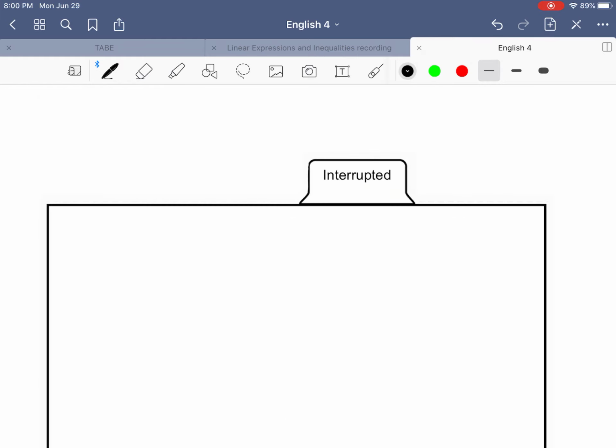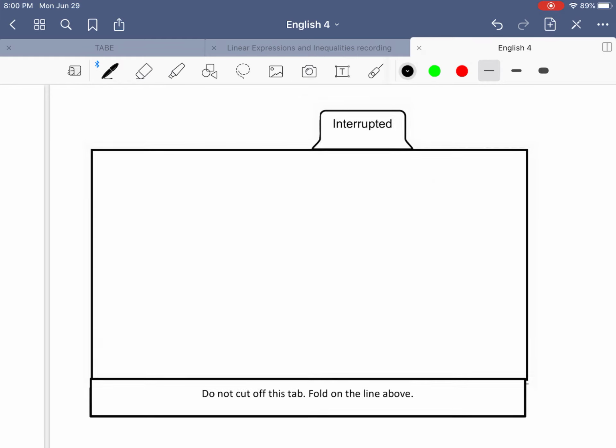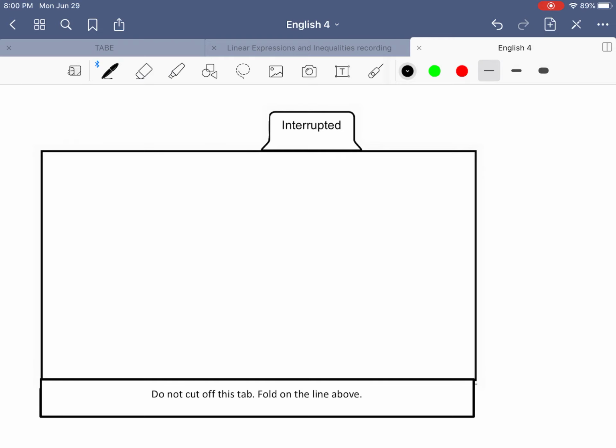Okay, the next rule. What do you do if a direct quotation is interrupted? And let me give you an example using the stick man again. So let's make another person here and another speech bubble. So this is where my direct quote is going to go.